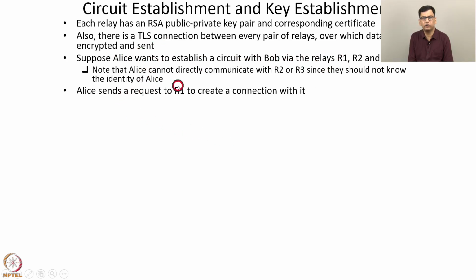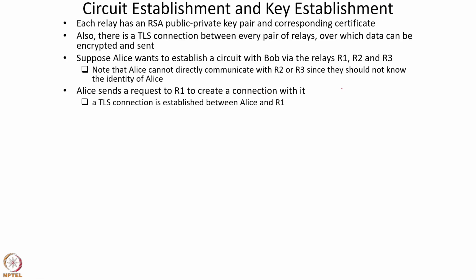Alice first sends a request to R1 to create a connection with it. A TLS connection is established between Alice and R1. So let's illustrate that. This is Alice, and first a connection is created between Alice and R1. So this is a TLS connection between Alice and R1.